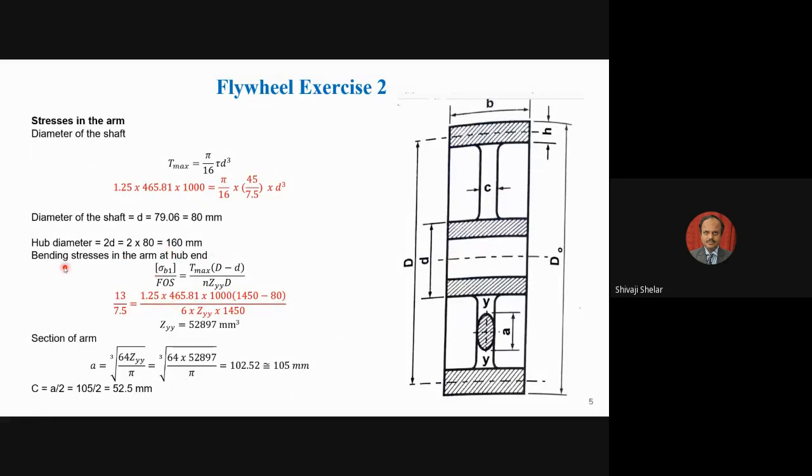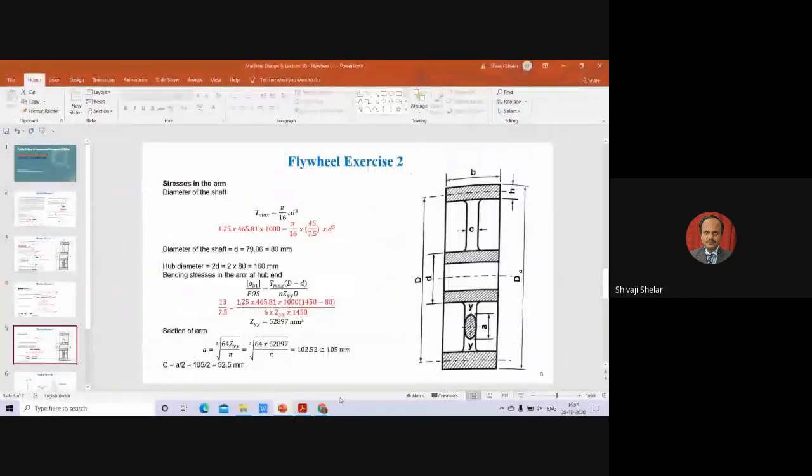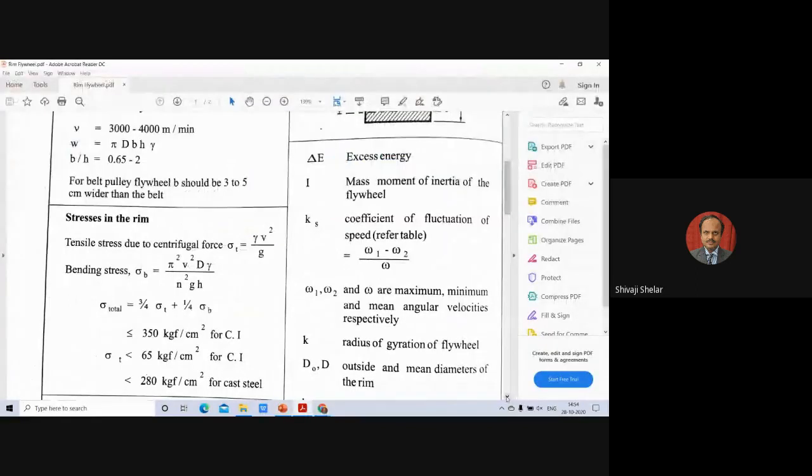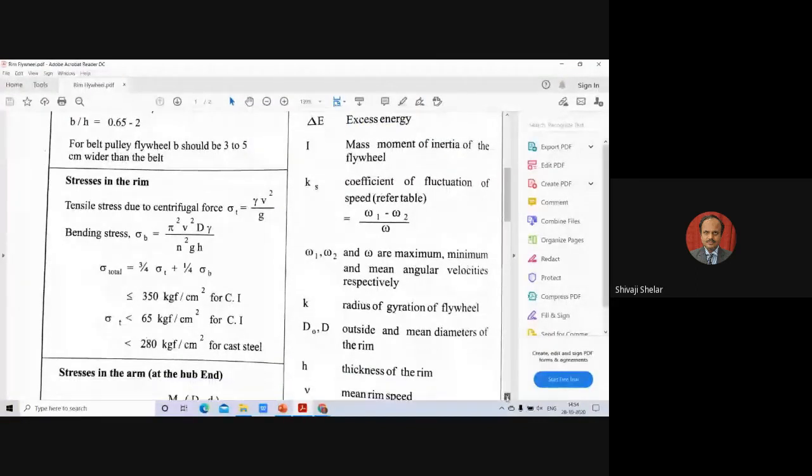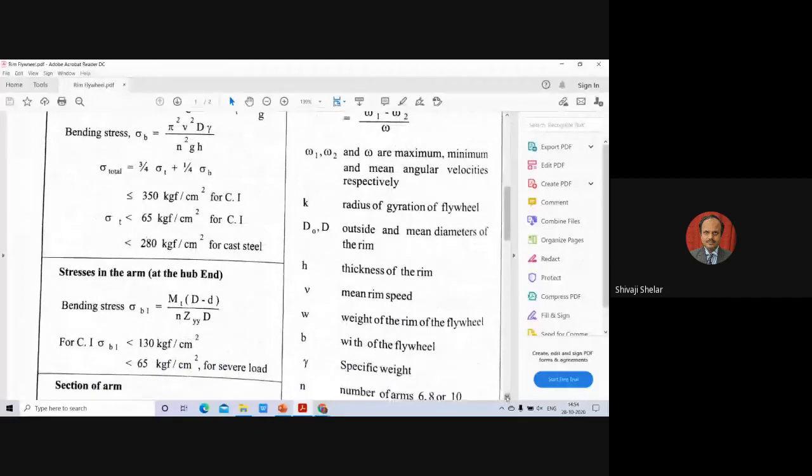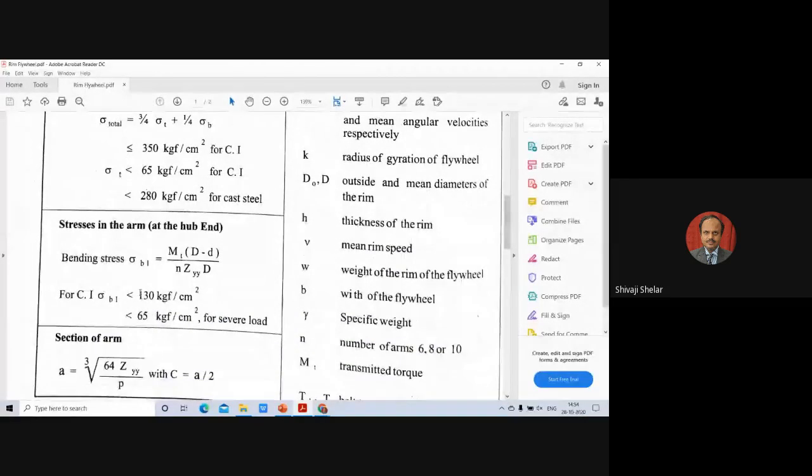The bending stress calculation is based on this formula: sigma B1 upon FOS is equal to T max into (D minus d) upon N into Z YY into D. This formula is available in the PSG data book, page 7.120. I am showing that formula here, design of arm, stresses in the arm, that is the sigma B1 formula.